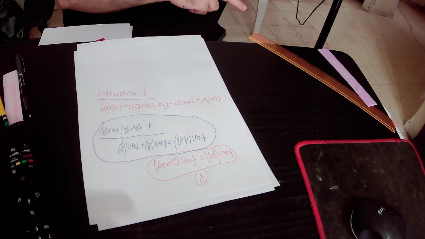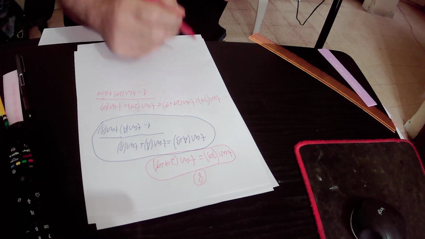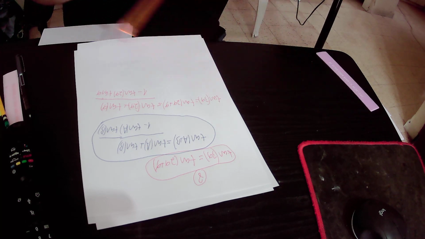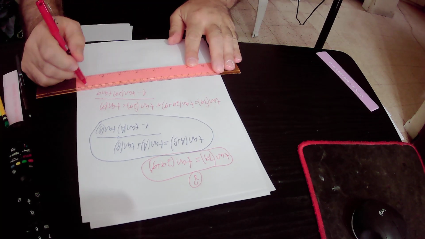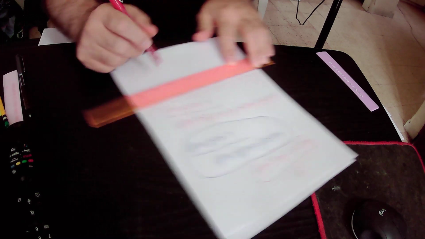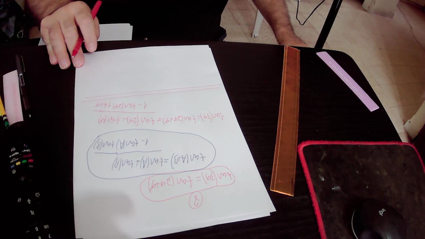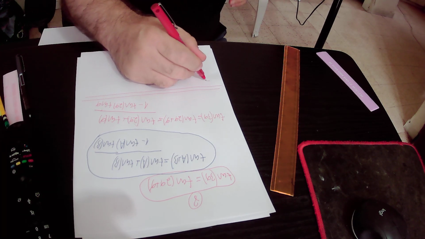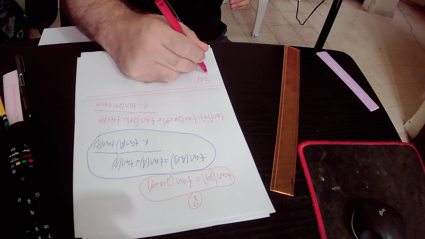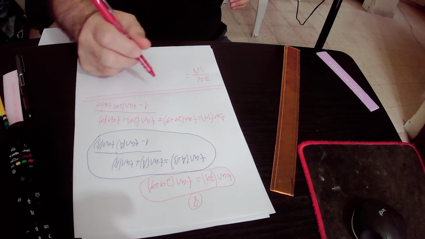So we will get that tangent 3 alpha, according to what we have already found, equals 7 plus x over 3 times root 7. That equals tangent 2 alpha.